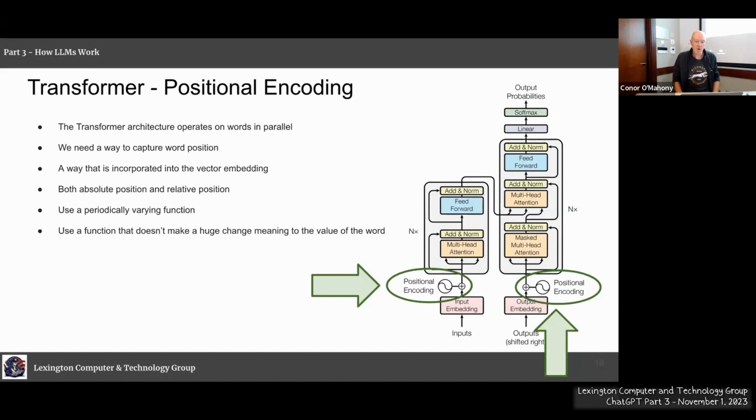It also wanted a function that doesn't make a huge change to the meaning of the word, because we're going to have to incorporate this positional information into the embedding, into the vector that represents the word. We want to incorporate positional information, but we don't want it to be so heavy as to outweigh the numbers that are representing the meaning.